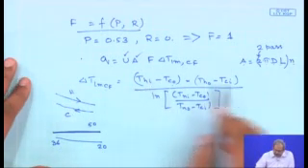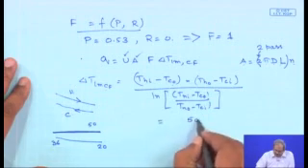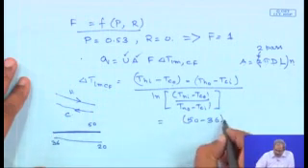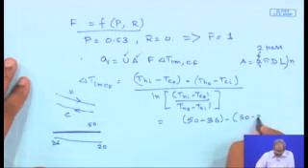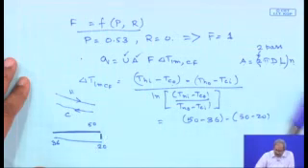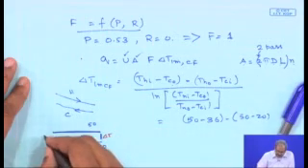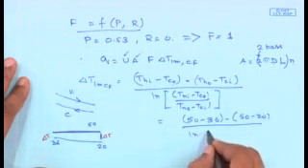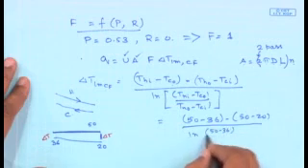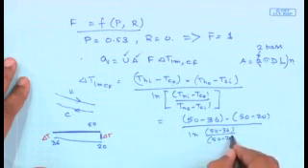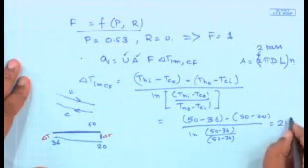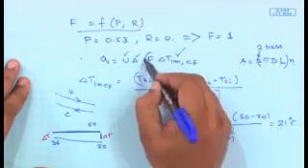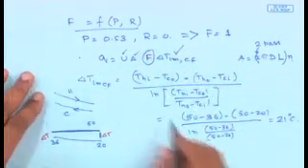Therefore, this would be equal to 50 minus 36 for this case, minus 50 minus 20, this is one delta T, this is another delta T, divided by ln of 50 minus 36 divided by 50 minus 20, which would turn out to be 21 degrees centigrade.